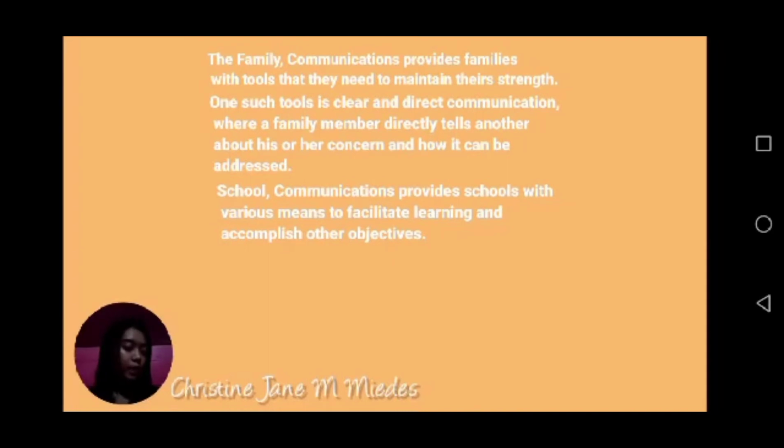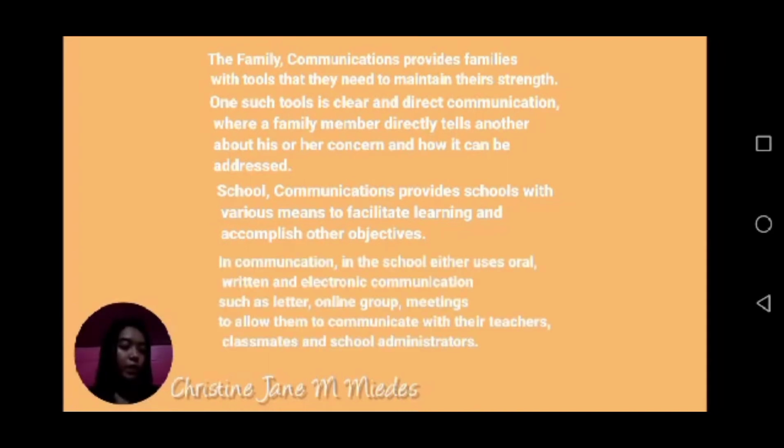So communication in the school uses oral, written, and electronic communication, such as letters, online groups, and meetings, to allow them to communicate with their advisors, classmates, and school administration. Also, especially a guidance counselor to help you deal with your problems. If not, a teacher or classmates will do.